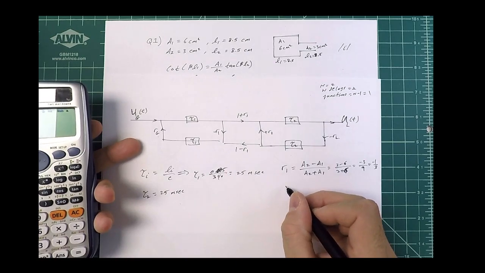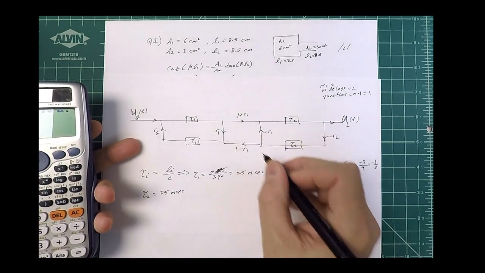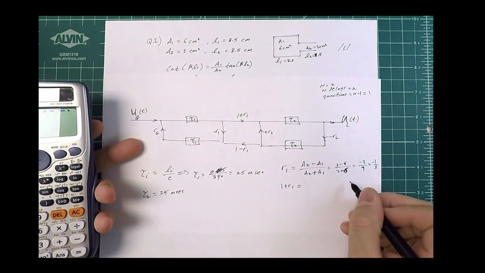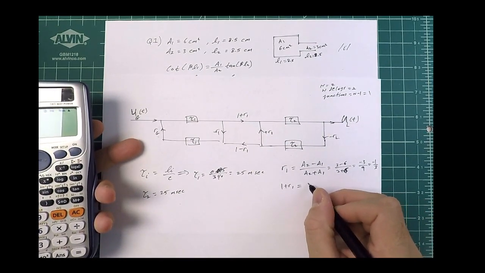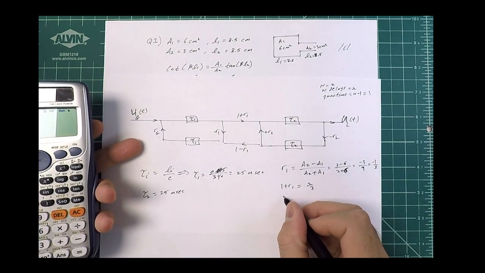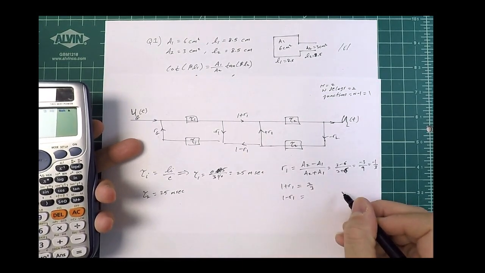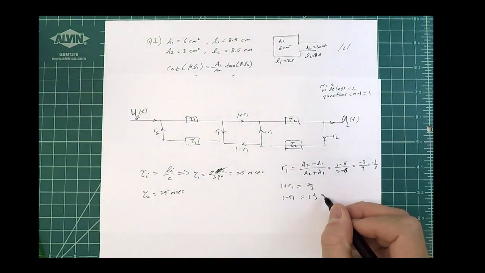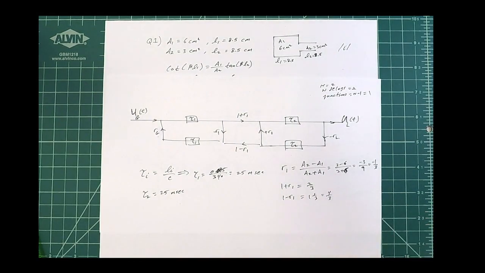And 1 plus R1 equals 2/3. 1 minus R1 is 1 and 1/3, 4/3.